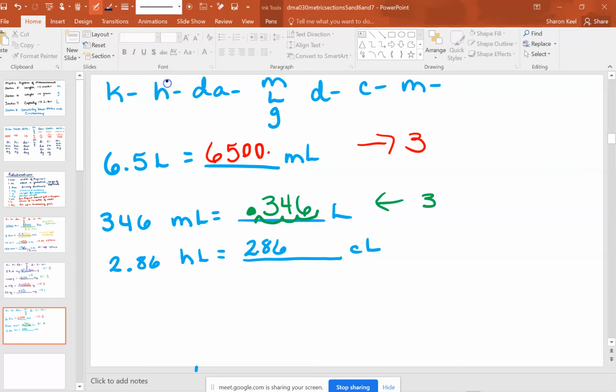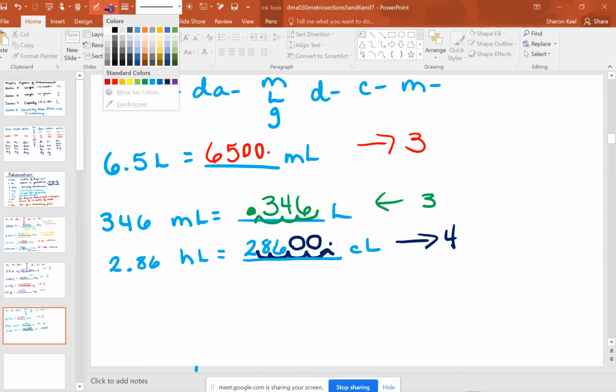If I'm going from hecto to centi, I start here at the H, and I'm going to go right 1, 2, 3, 4 places. We're going to go right 4. So my decimal is here. I go right 1, 2, 3, 4. I'm going to add 2 more zeros. So 28600, your understood decimal is on the far right.